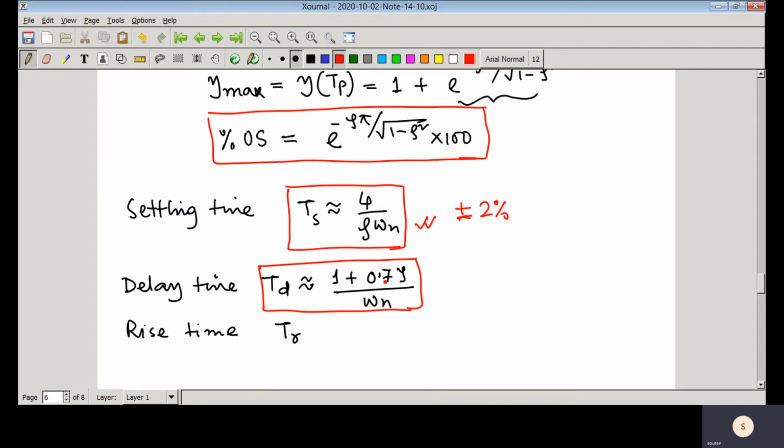And in case of rise time, we follow the same technique, that is 0.8 plus zeta divided by omega n.